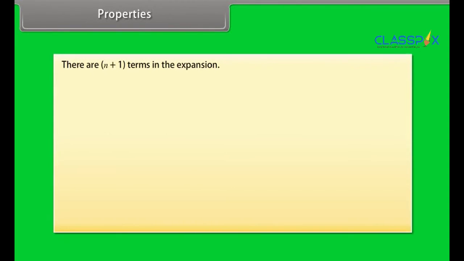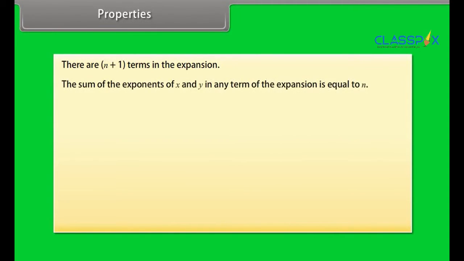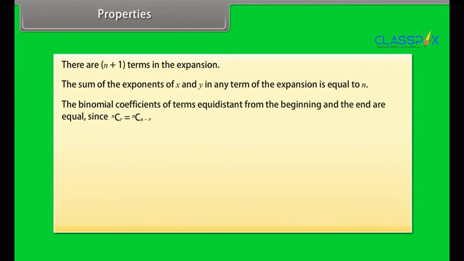Properties. There are n + 1 terms in the expansion. The sum of the exponents of x and y in any term of the expansion is equal to n. The binomial coefficients of terms equidistant from the beginning and the end are equal, since nCr is equal to nCn−r.